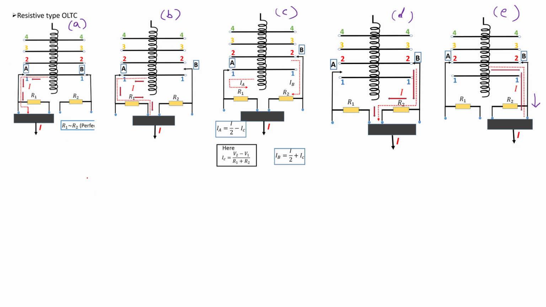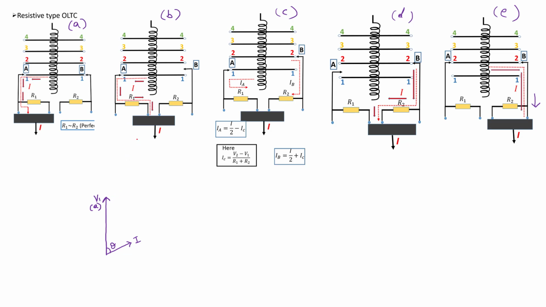Now let us draw the phasor diagram, just like this. This is the V1 phasor, and assume that this is theta, and this is I. Now this V1 position is case A. Now case B, what is case B?